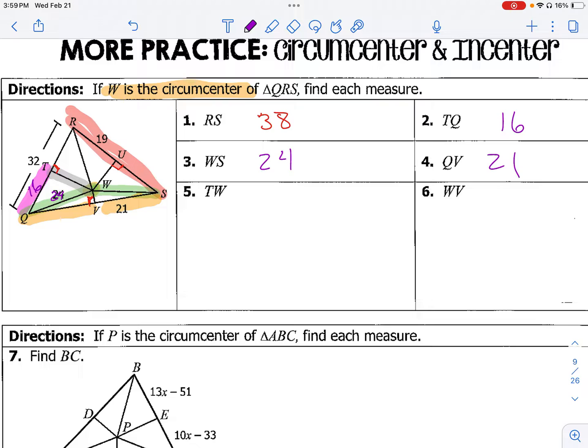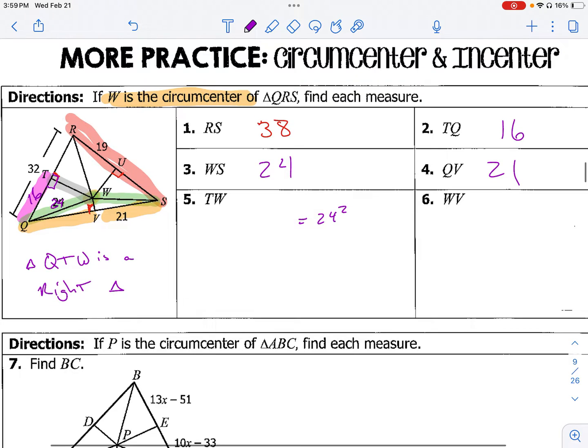We know that WQ is 24, and we know that triangle QTW is a right triangle, so we can use the Pythagorean theorem. So at angle T, we have a right angle, so 24 is going to be our hypotenuse. 16 is one of our legs, and the other leg we don't know.